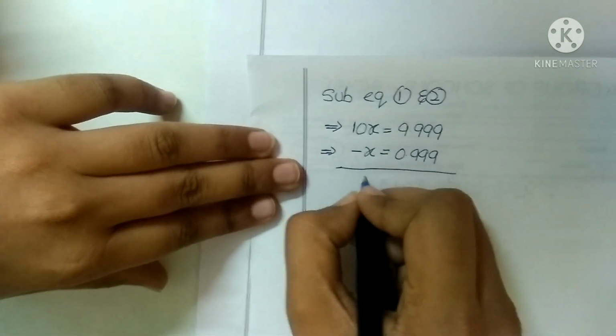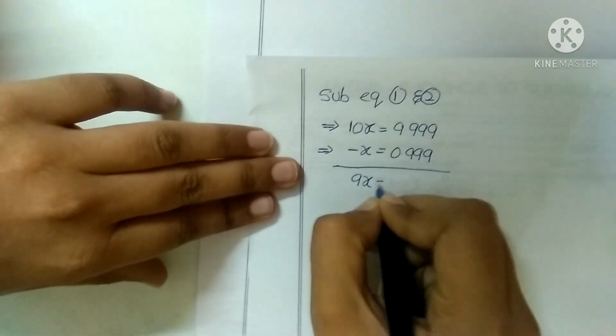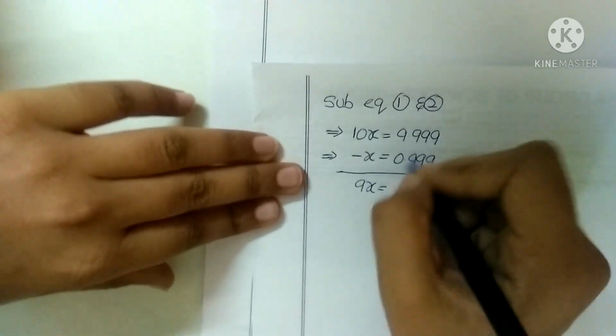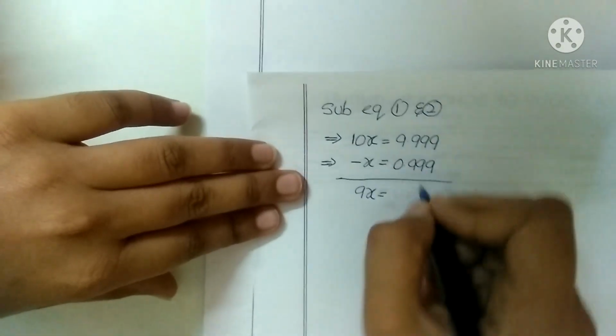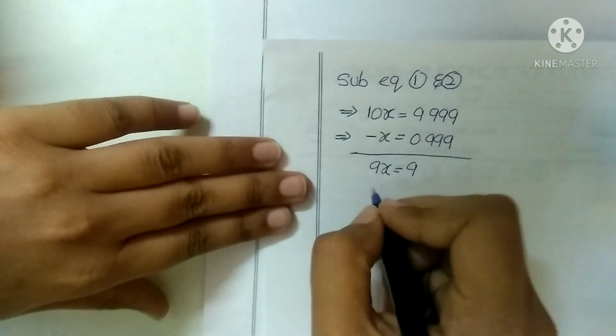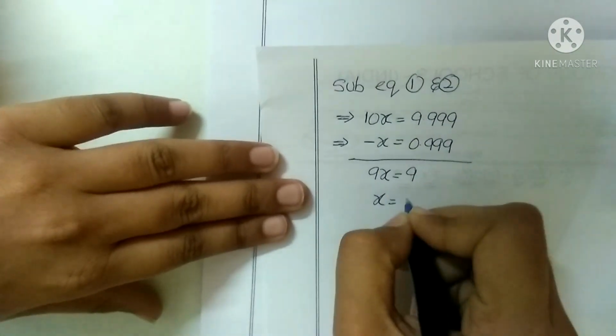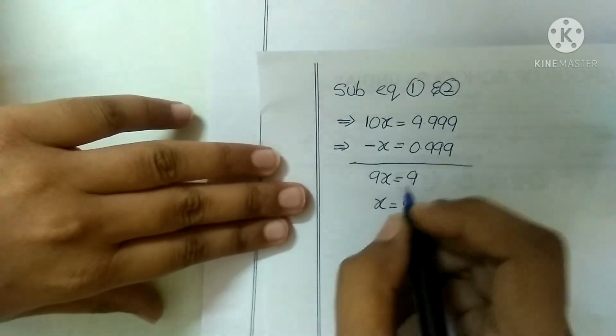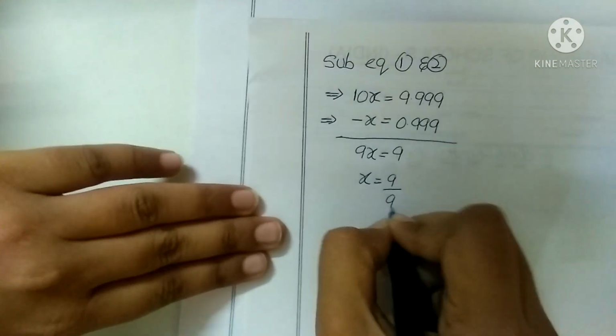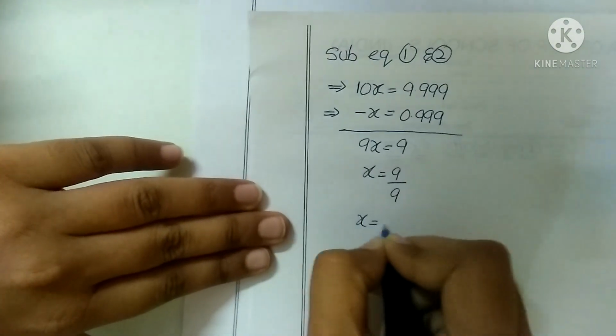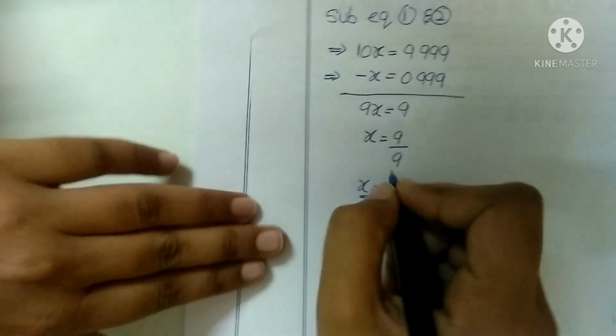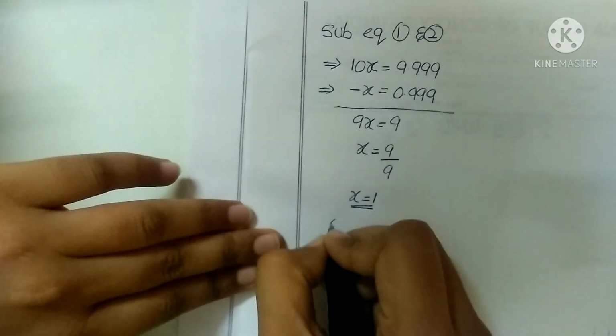So we will get 9x equals 9. Here we are transposing 9 to the right side, so we will get 9 by 9. By cancelling these, we get x equals 1. So the answer is x equals 1.